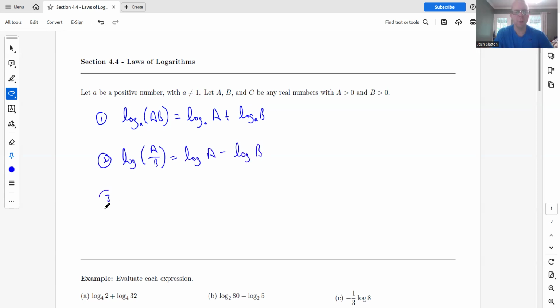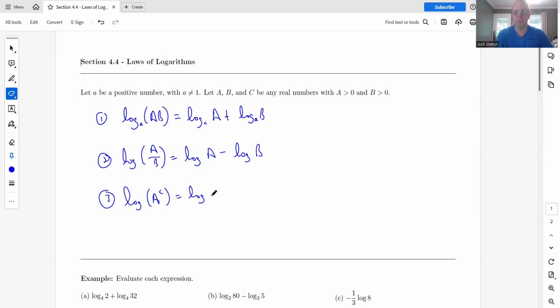And then the last one, if we have an exponent, log of A to the C, this one's kind of using the first one over and over again. So if we have A to the C, that would be A times A times A times A, C times, we can split that up.